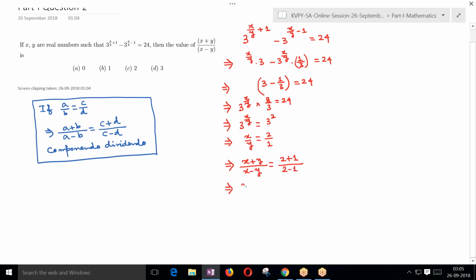This implies x plus y divided by x minus y is equal to 3. So we get the correct option as D.